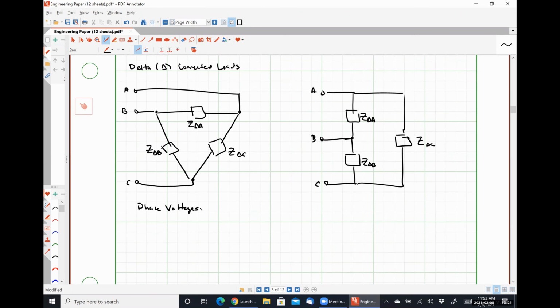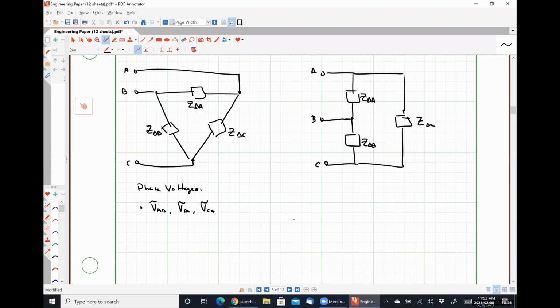Okay, so yeah, VAB, VBC, VCA. We've got to use the double subscript notation so that we're all speaking the same language.